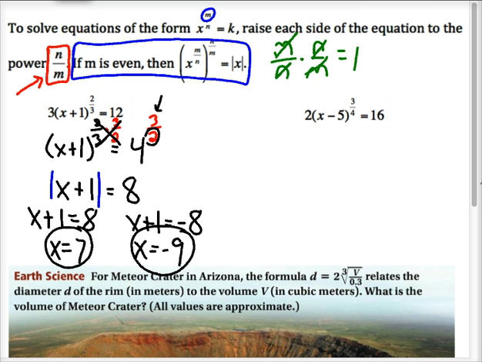So, first things first, we're going to isolate that term. So I'm going to divide both sides by 2. And now, just like before, I'm going to raise both sides to that reciprocal power. So this time, 4 over 3.